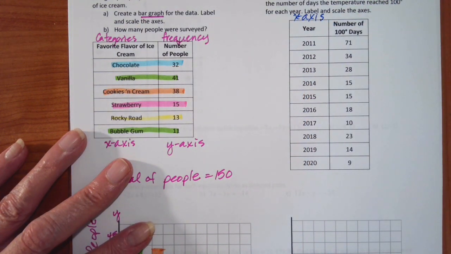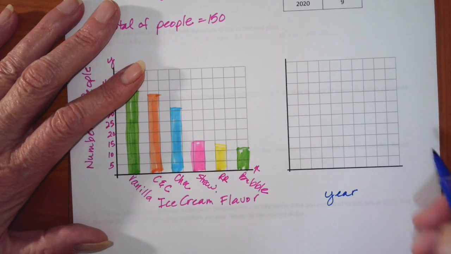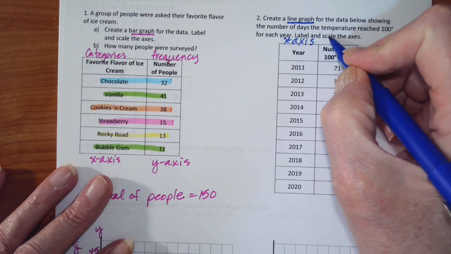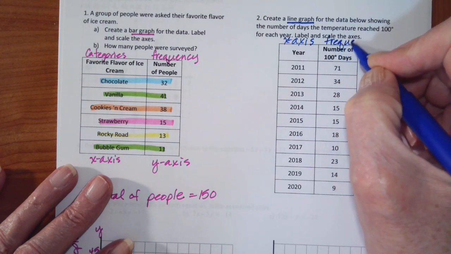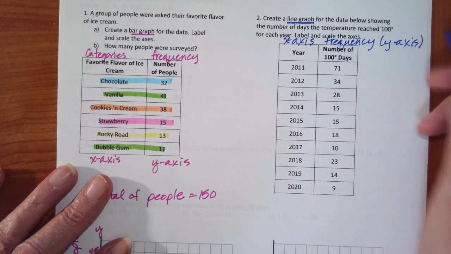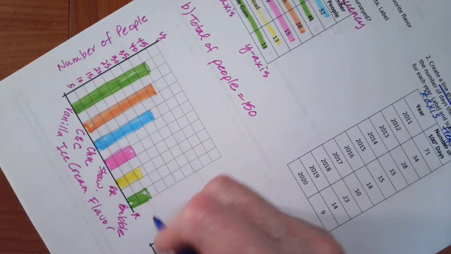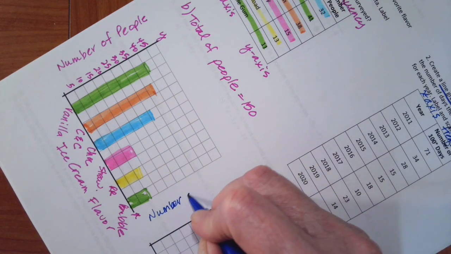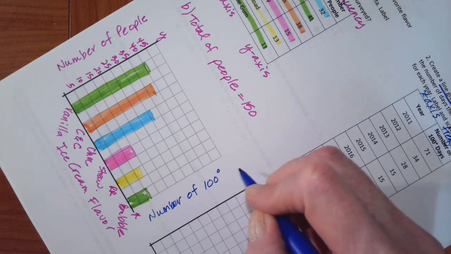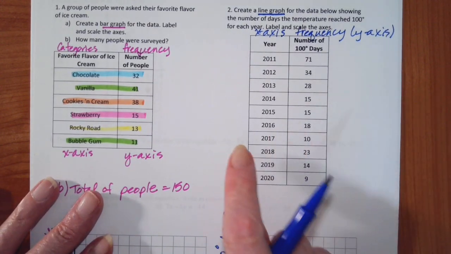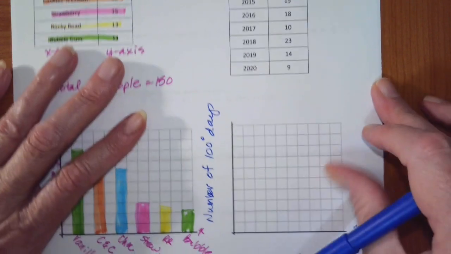So the year is going to be on our x-axis, and then our frequency, which is our y-axis. So this is the number of 100-degree days. Now you would think this year set a record, but it did not. 2011 is still the record.